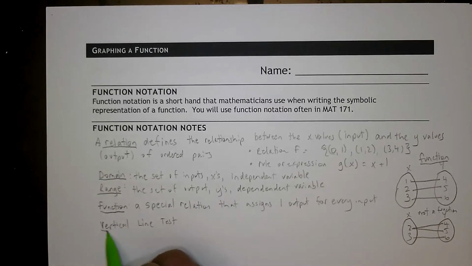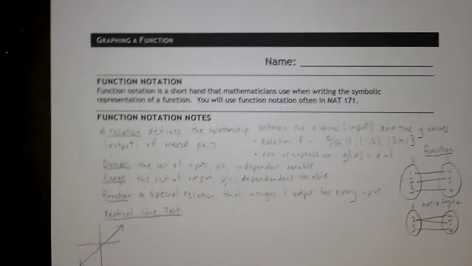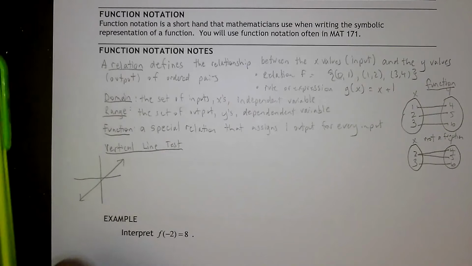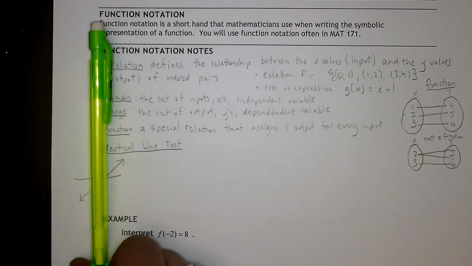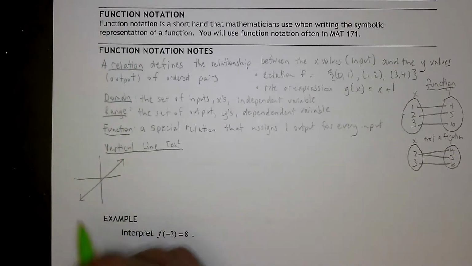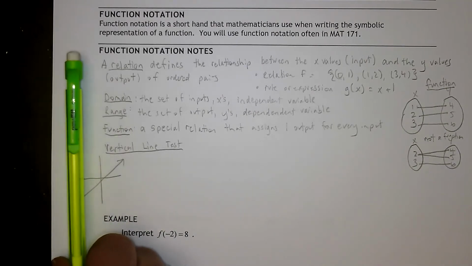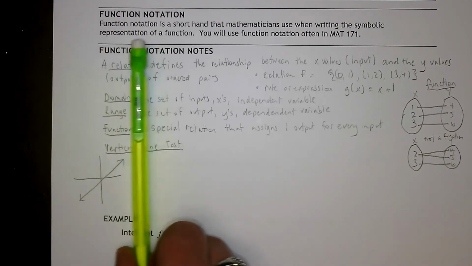If you look at graphs, and you put your pencil in a vertical direction and go from left to right, that graph, meaning not the x and y axis, can only touch your pencil one time at any moment.